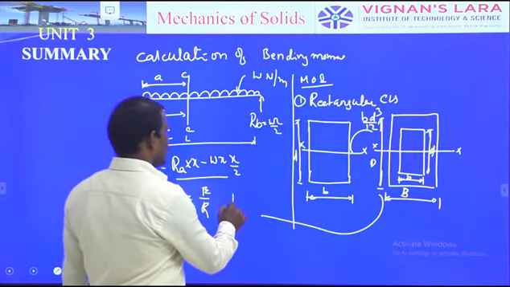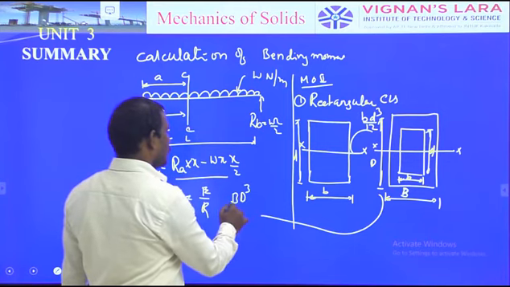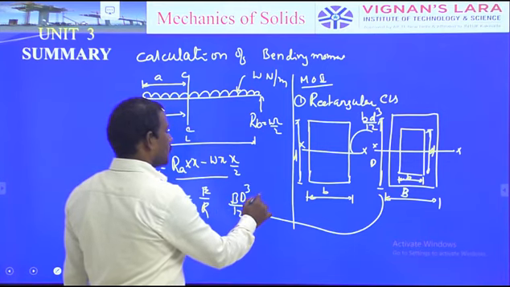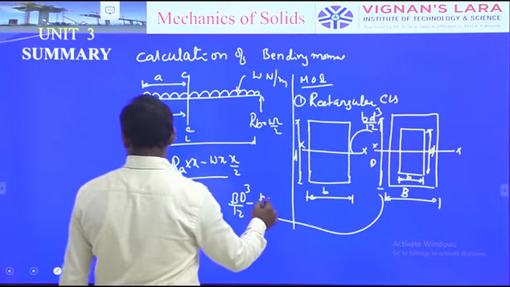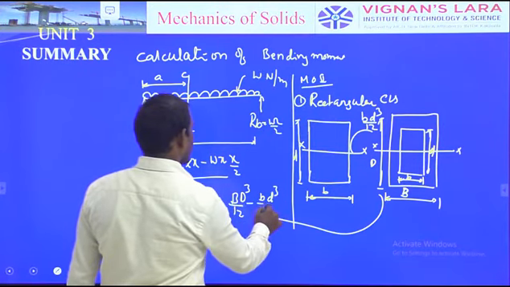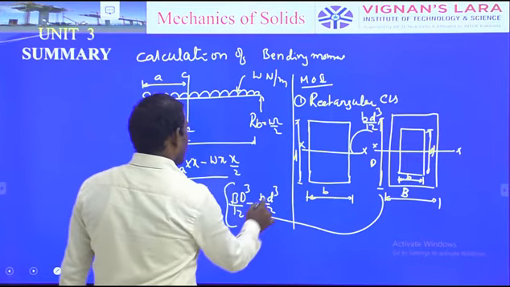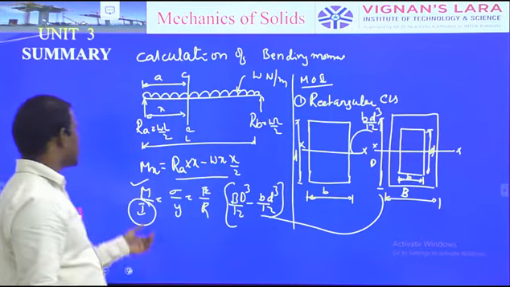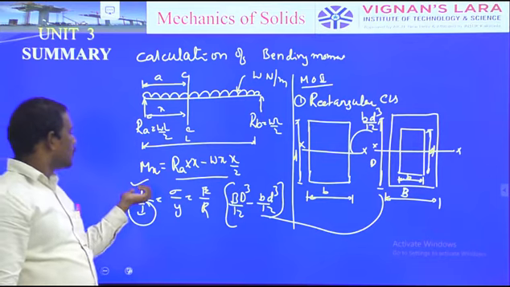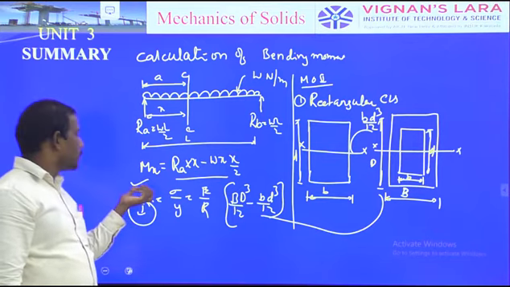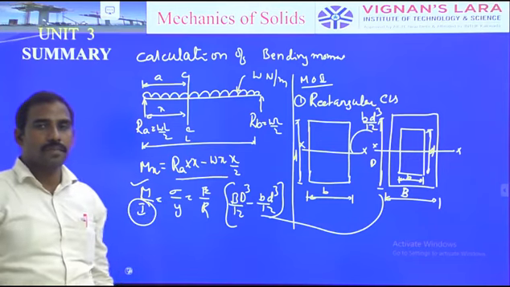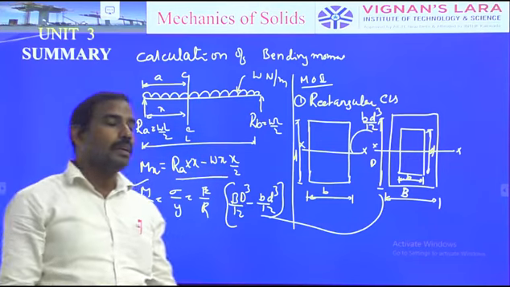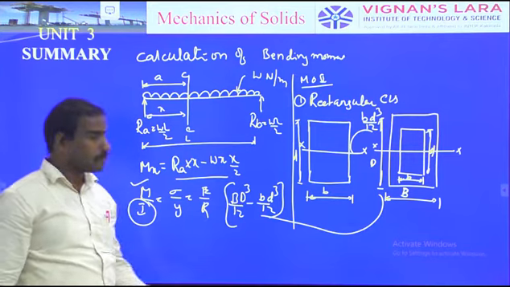It simply becomes BD cube by 12 minus small bd cube by 12. Before finding any of its parameters, you must know the magnitude of the moment of inertia of a particular cross section about its neutral axis.